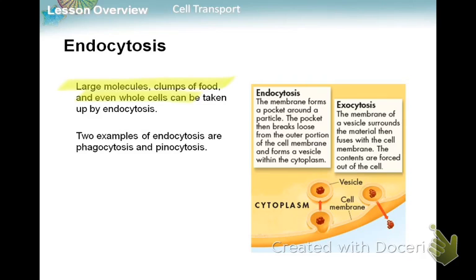There are two different types of endocytosis, phagocytosis and pinocytosis. Phagocytosis is large molecules like cells. Pinocytosis is smaller, large molecules like nutrients.